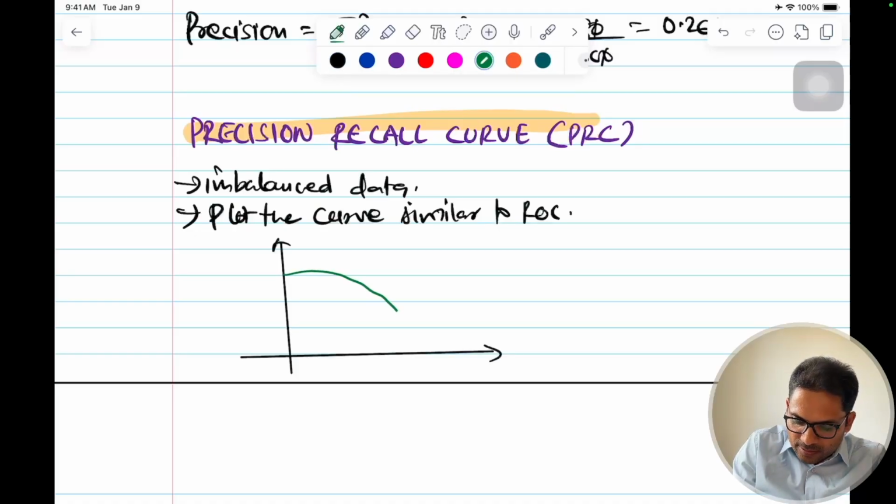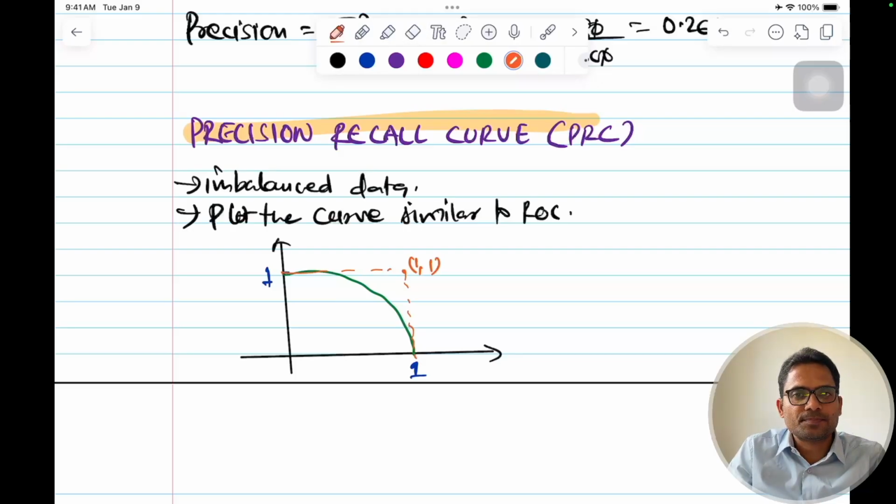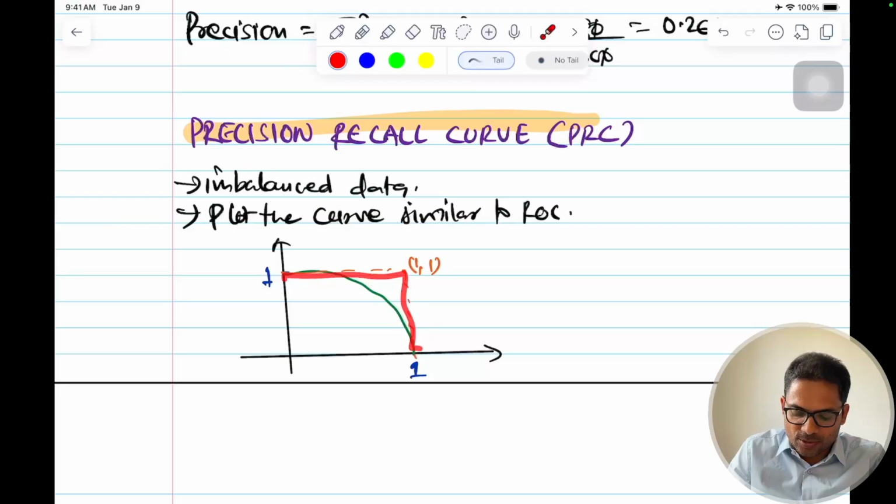And the best would be 1 comma 1 here. So the best curve would be like this, 1 comma 1, right? So the best curve will be like that. This will be our best curve.